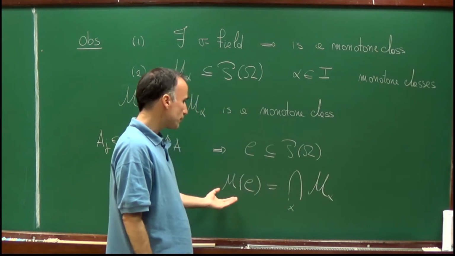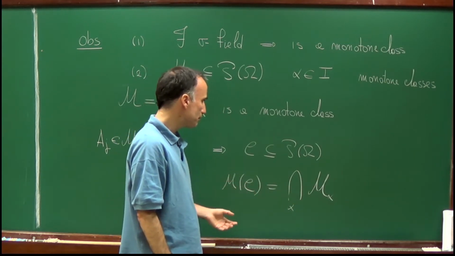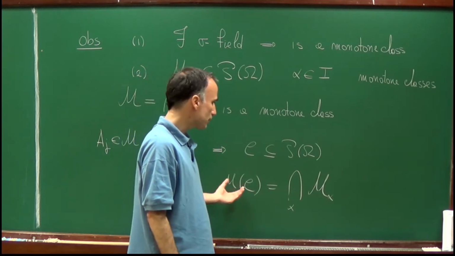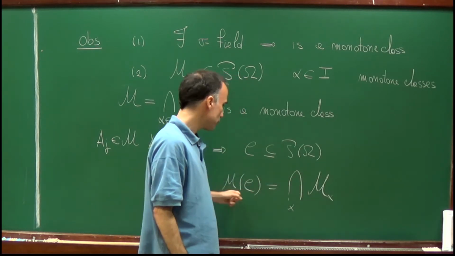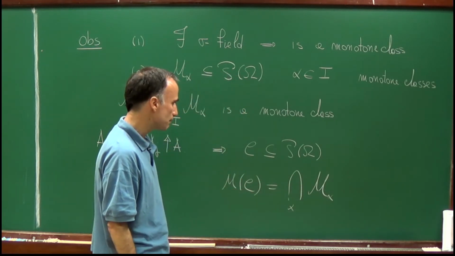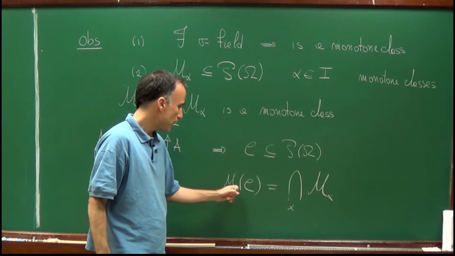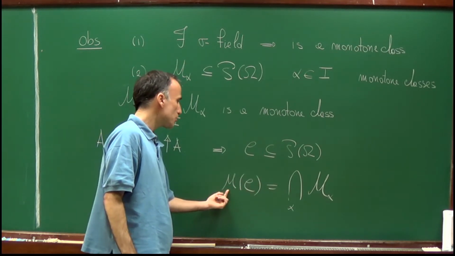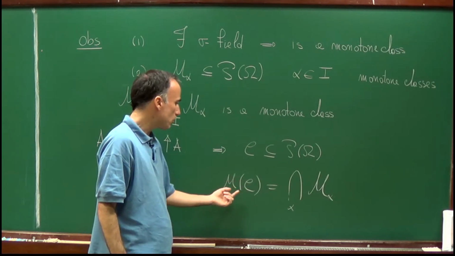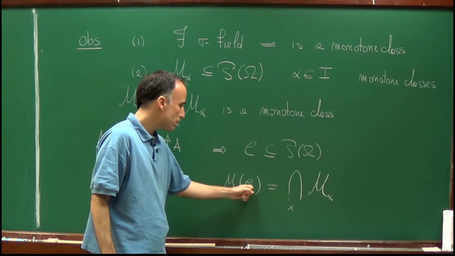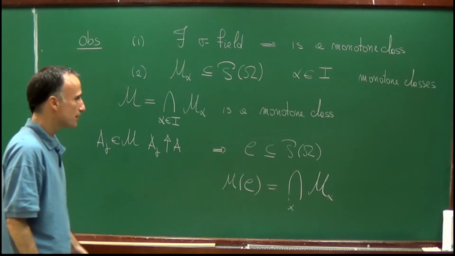And this monotone class is the smallest one, because any monotone class which contains C is somewhere here, and therefore contains the intersection. So we will represent by M of C the smallest monotone class, which will be called the monotone class generated by the class C.